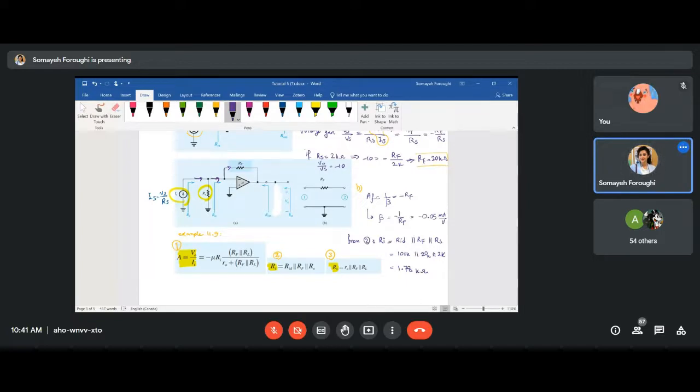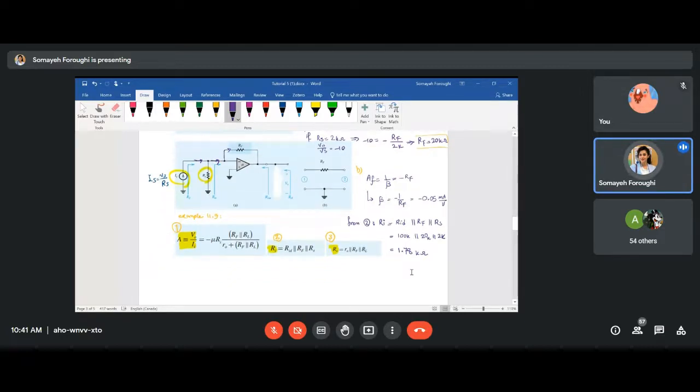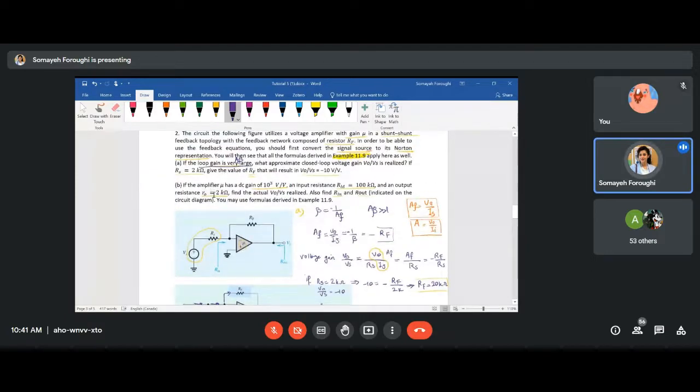And now I also need to find Ro. So from equation 3, let's find Ro. Guys, Ro will be that output resistance of the amplifier parallel with RF. But in this case, I do not have load resistance. So because RL is infinity, it will only be little RO parallel with RF. So the little RO was given here. It is 2K.